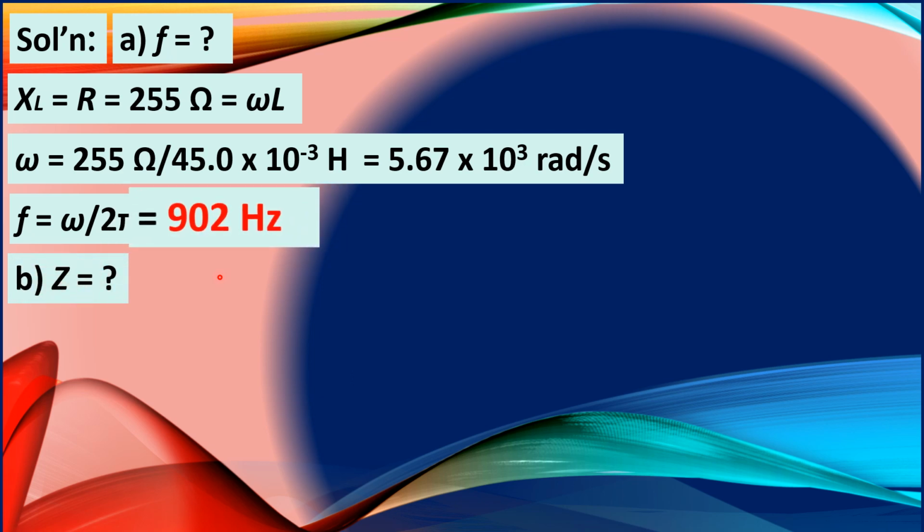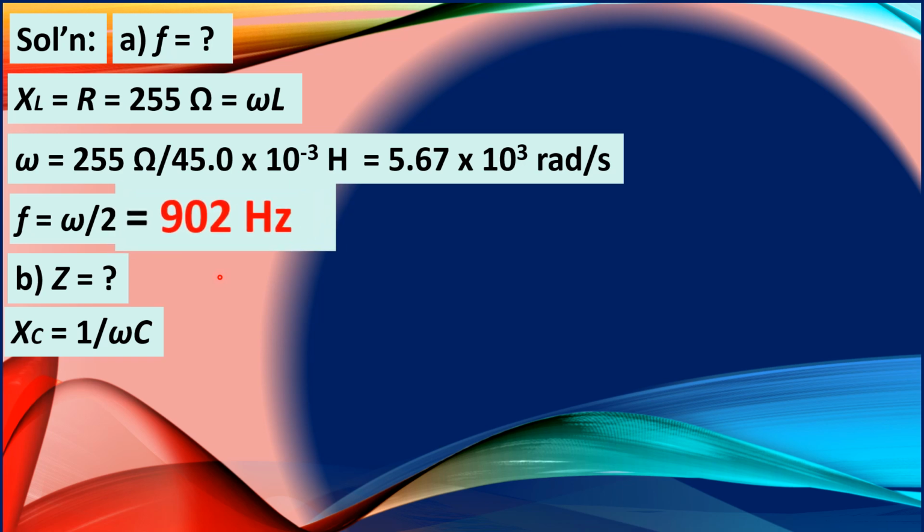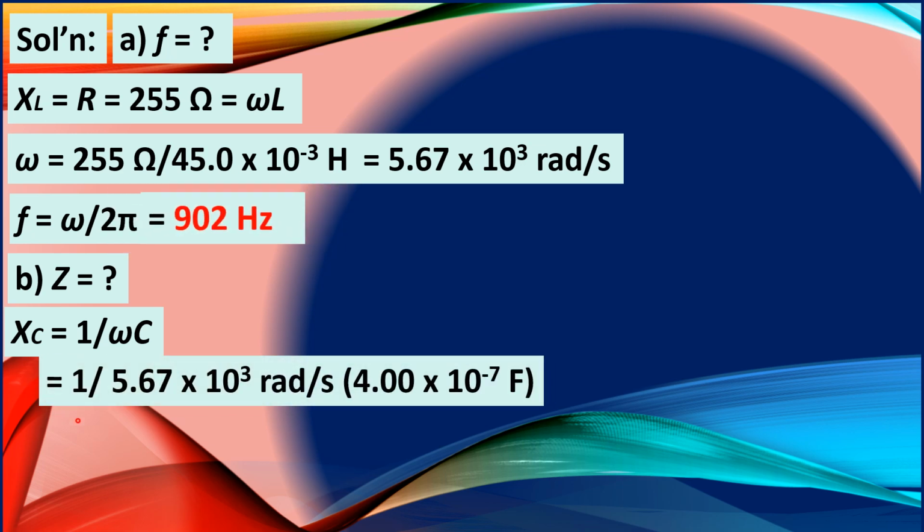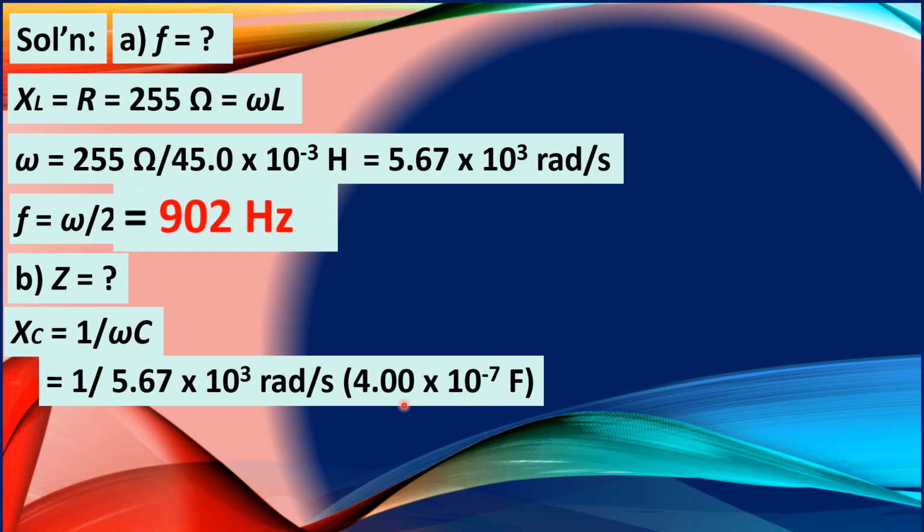For the impedance, capital Z, we first determine the value of the capacitive reactance X sub C, which is just equal to the reciprocal of omega times capital C. Substituting, we get 1 over the value of omega, 5.67 times 10 to the third radian per second, multiplied by the capacitance, 4.00 times 10 to the negative 7 farad.